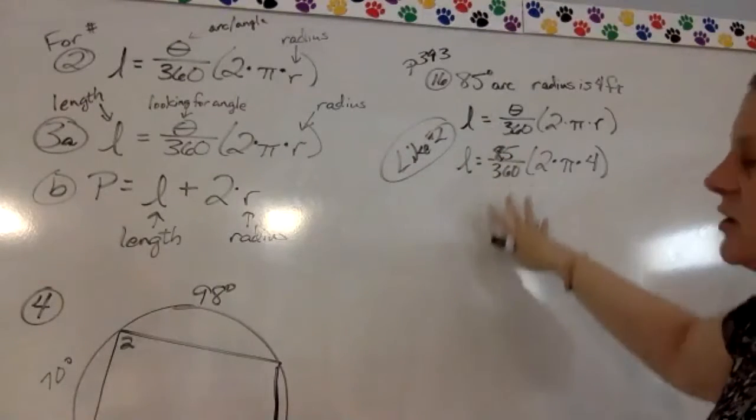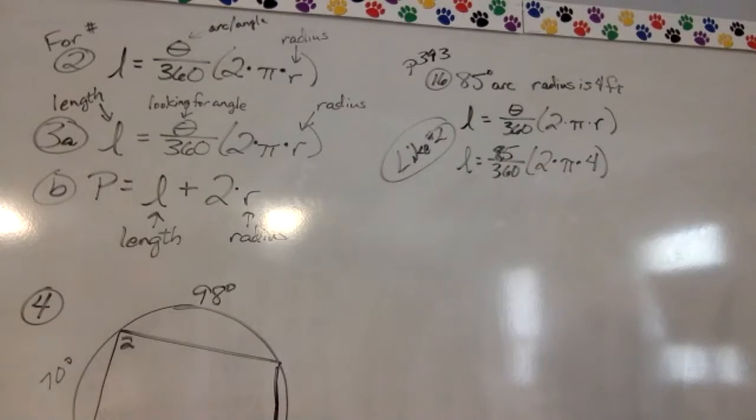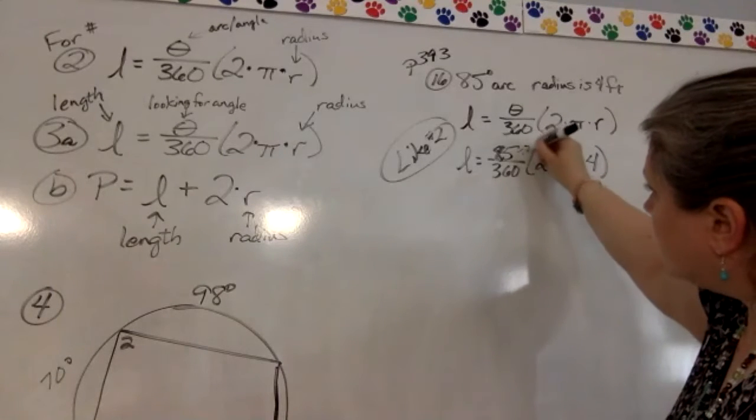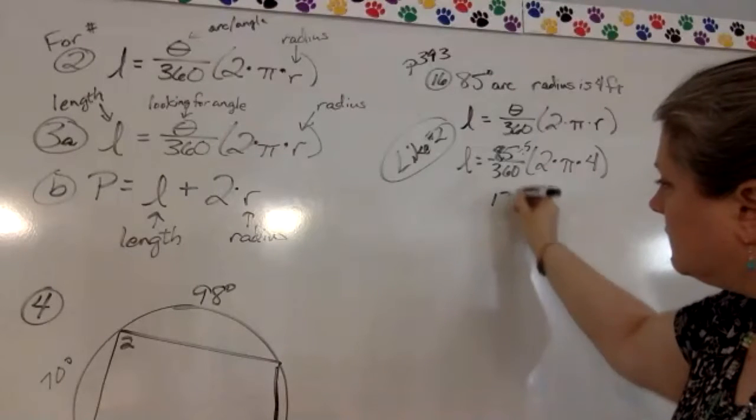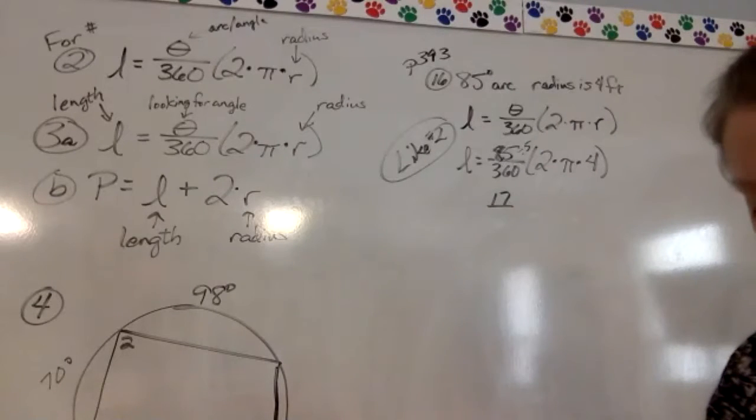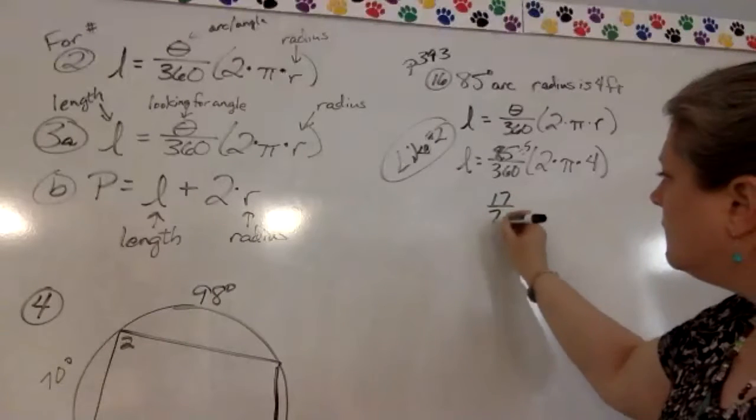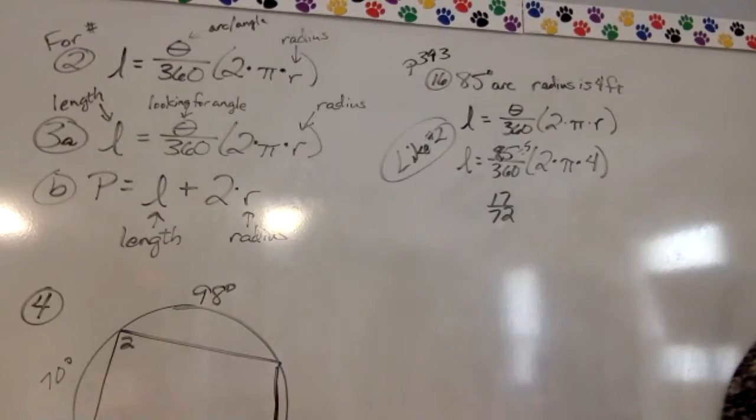All right, I try to simplify this. I look for things that go into both 85 and 360, which I know 5 goes into both of them. 5 goes into 85 17 times. 360 divided by 5 is 72.